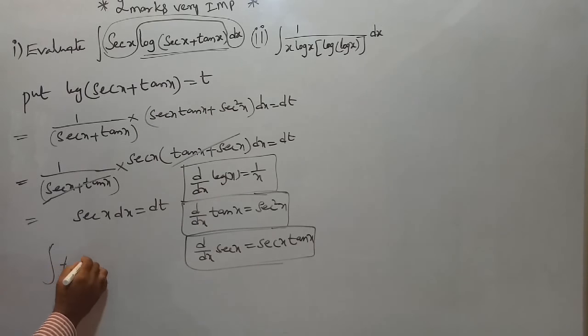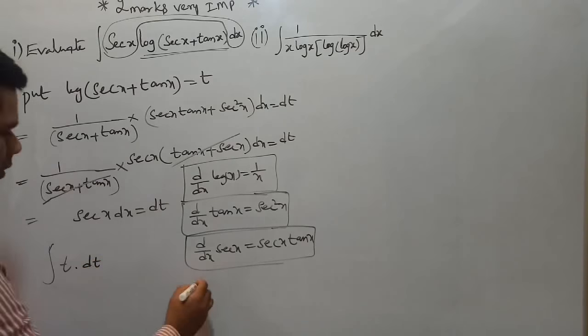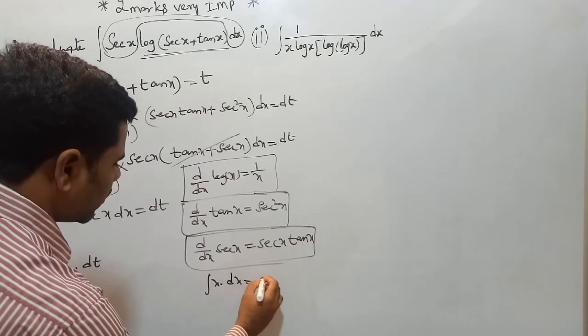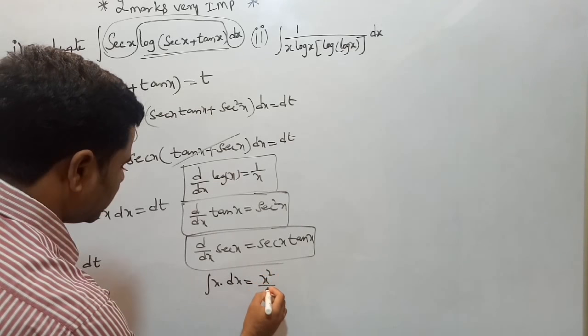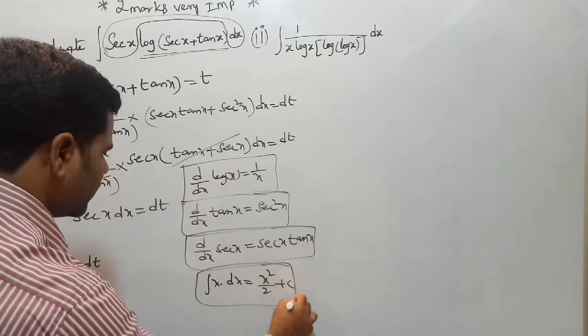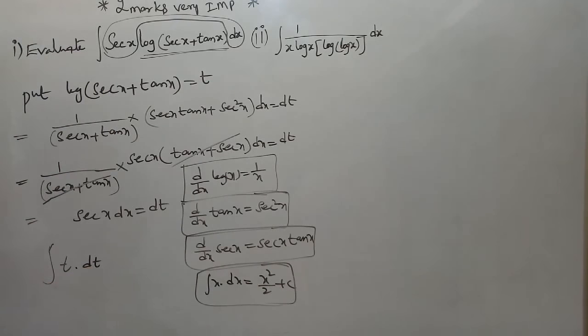So t into dt. Integral x into dx is equal to x square by 2 plus c. So t dt is equal to t square by 2 plus c.